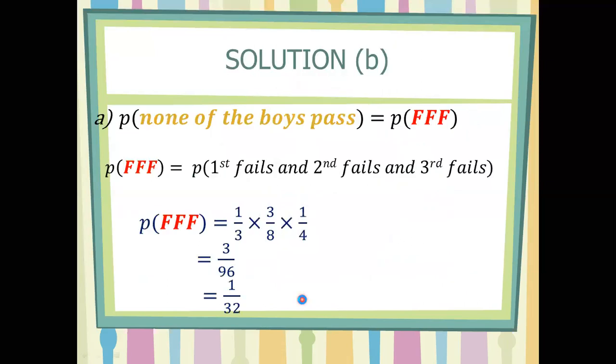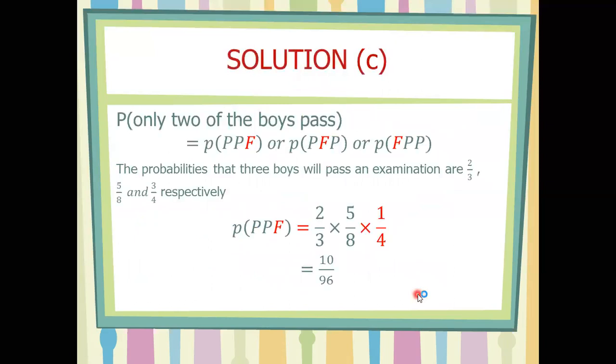Now the solution to C. This one is the main question. Now the problem says we should find probability that only 2 of the boys pass. If only 2 of the boys pass, it means that we have the first boy passing, second boy passing, and third boy failing as a possibility. We also have the possibility of the first boy passing, second boy failing, and third boy passing.